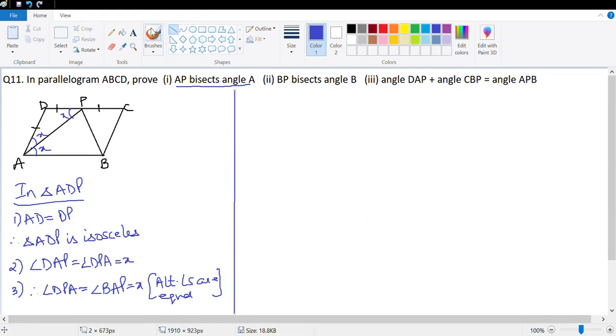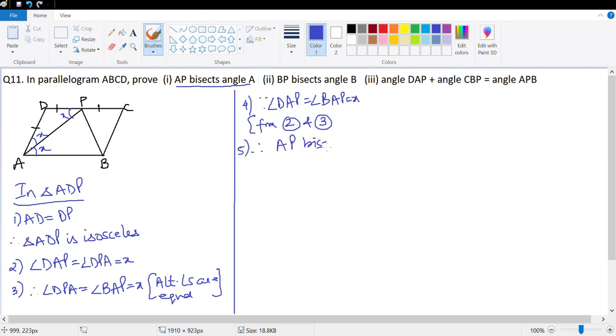So since from 4, since angle DAP is equal to angle BAP is equal to X, from 2 and 3, therefore AP bisects angle A. Done.